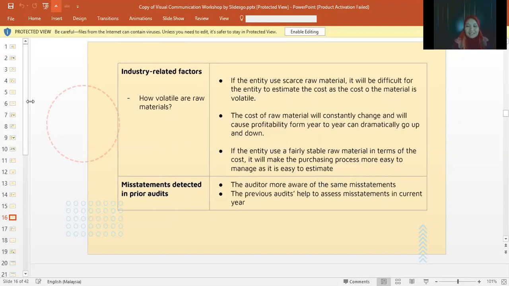And if the entity uses a fairly stable raw material in terms of cost, it will make the purchasing process easier to manage as it is easy to estimate.